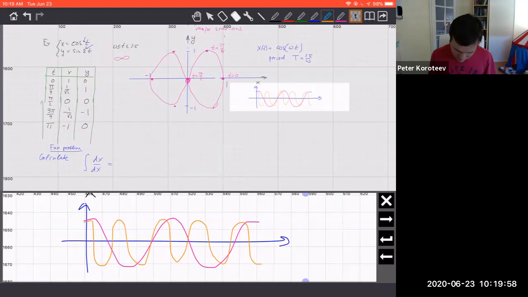Okay. Then the purple curve says cosine of omega 1 t, and the orange curve will be cosine of omega 2 t.